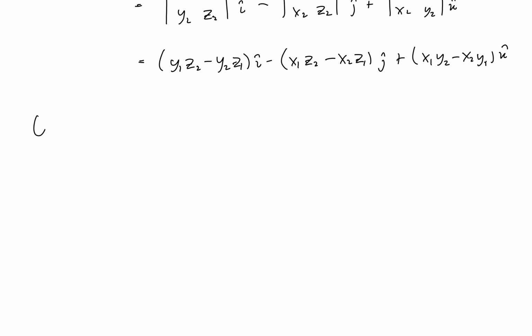So one of the properties we saw in the flip class video was that if I take a vector and dot it with the cross product, I get 0 either way.